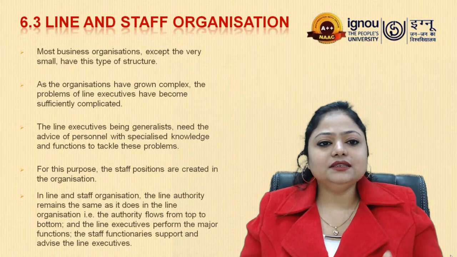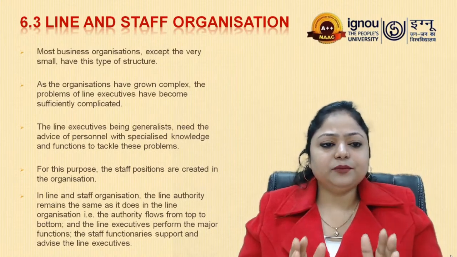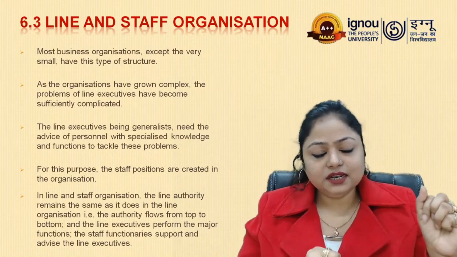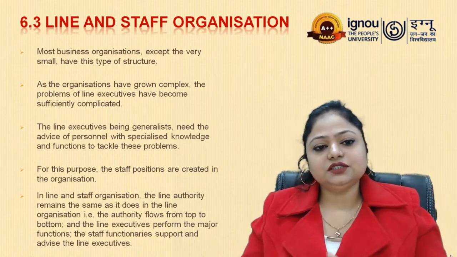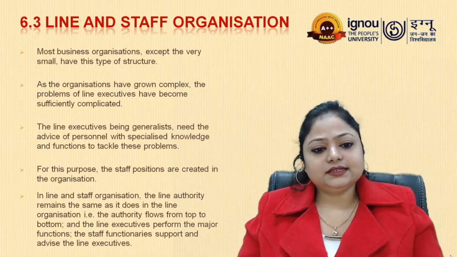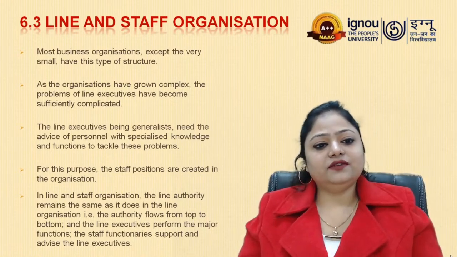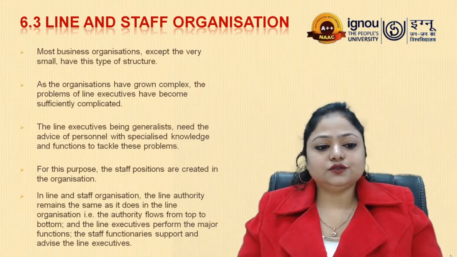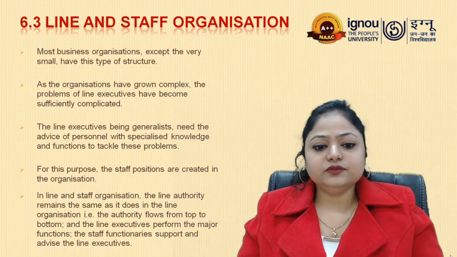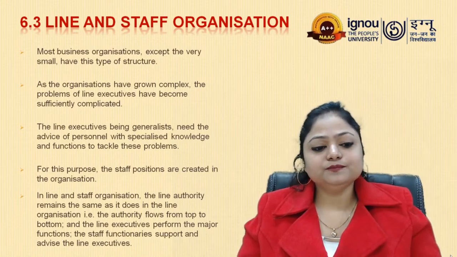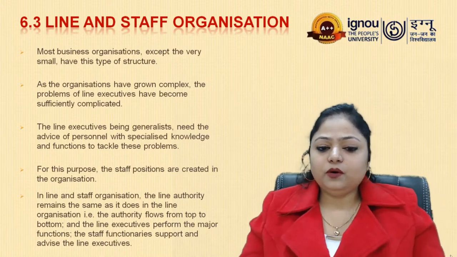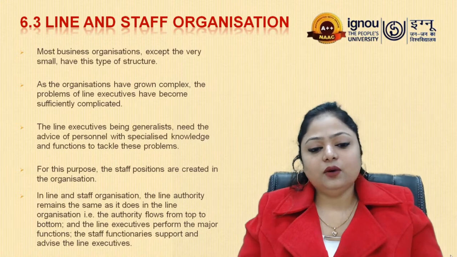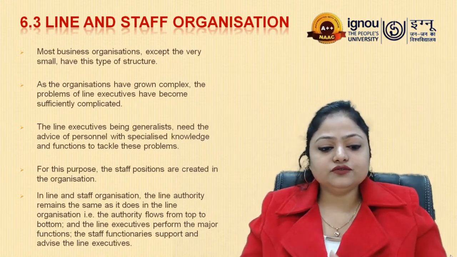Now, when we see the line and staff structure, this type of structure is designed to overcome the limitations of a simple line structure in the organization. The line executives, being generalists, need the advice of personnel with specialized knowledge and function to tackle these issues. For this purpose, staff positions are created in the organization. In the line and staff organization, the line authority remains the same, and the authority flows from top to bottom.